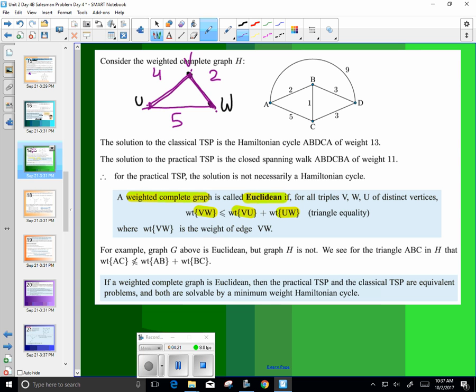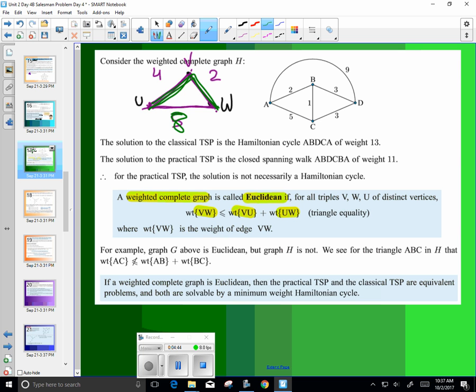Do we want to do a circle or a cycle, or do we want to double back? Cycle. But what if this was an 8? Now what are you going to want to do? Double back. So Euclidean means that for the triple here, there's no need to double back with any 3.